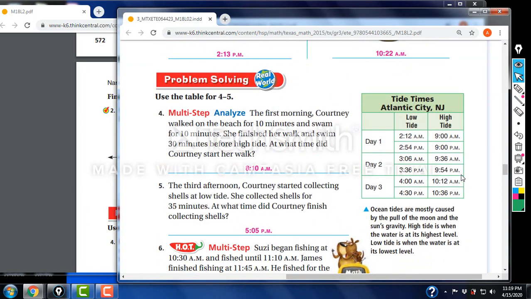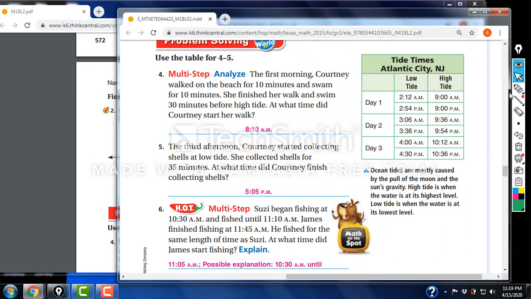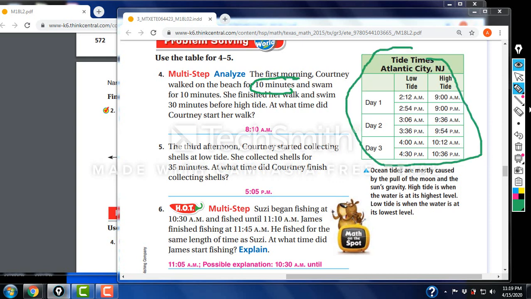Okay. Take a look at this one here. So analyze the question. The first morning, Courtney walked on the beach for 10 minutes. So we're looking at morning here, and we're going to use this chart to help us. First morning, so that'll be day 1.